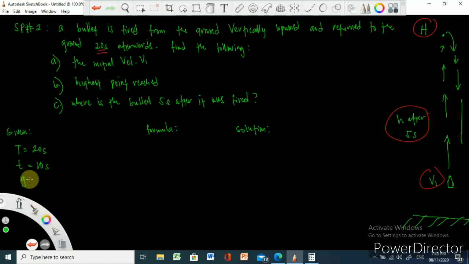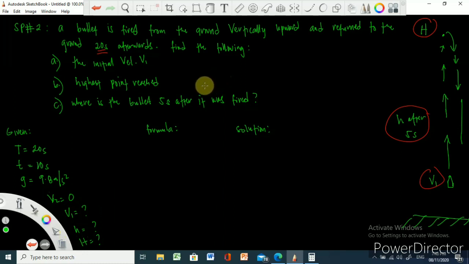So gravity, which is a given, 9.8 meters per second squared. What else? V2 is equal to 0. V1 is a question mark. Small h is a question mark. Capital H is a question mark. What else?